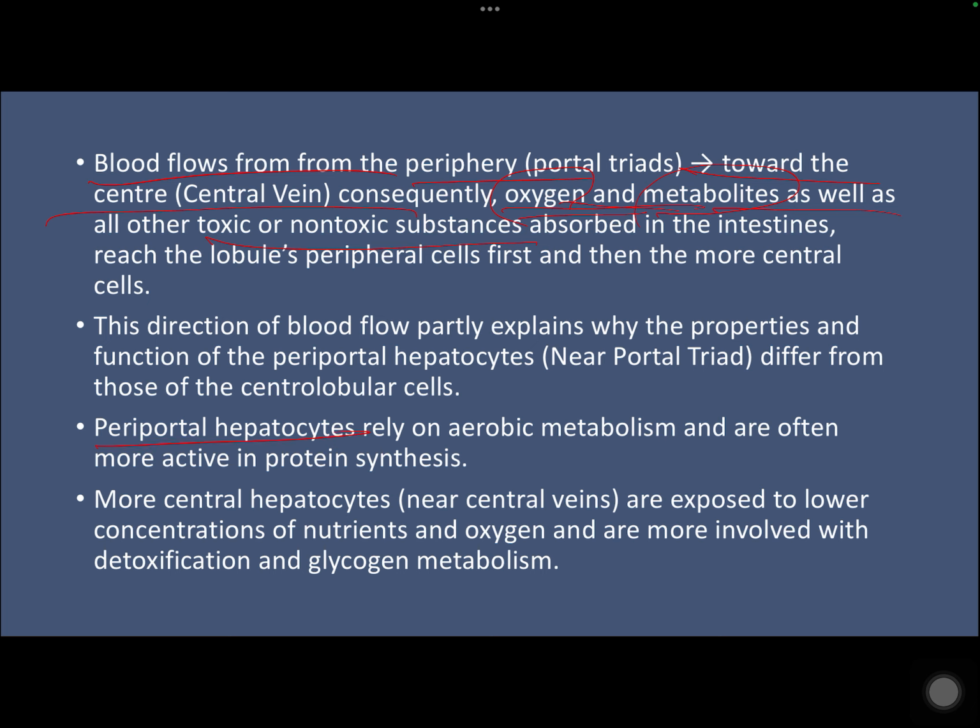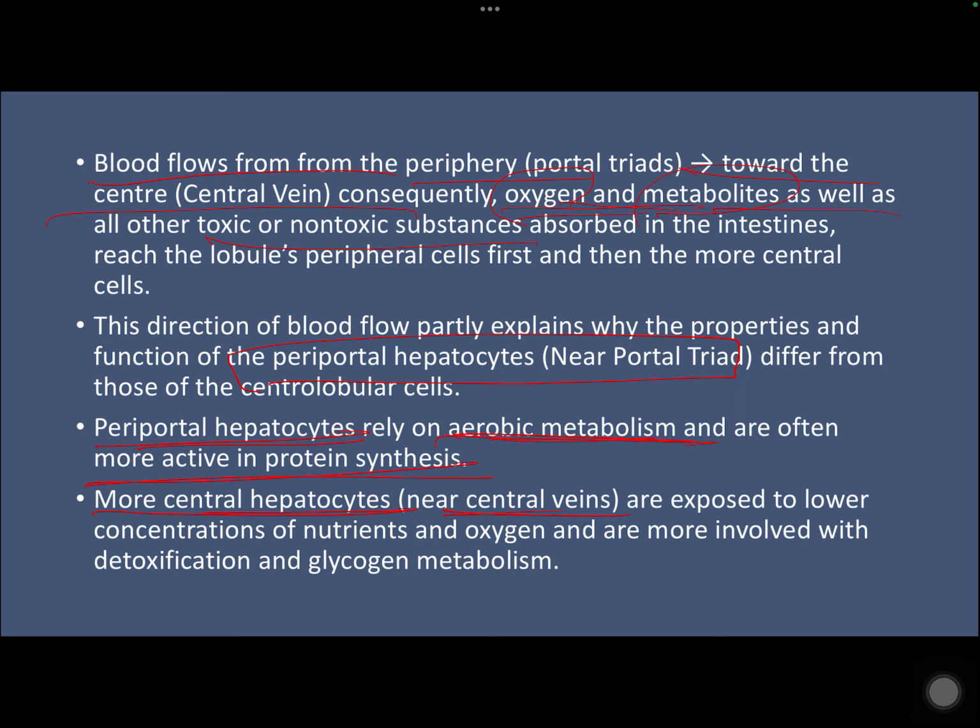That is why the periportal hepatocytes, which are near the portal triad, rely entirely on aerobic metabolism and are more actively involved in protein synthesis. The hepatocytes near the central vein, no, I am not saying they don't get oxygen.